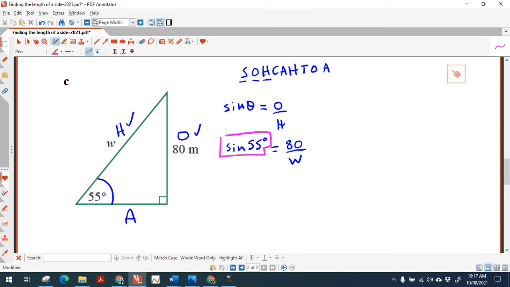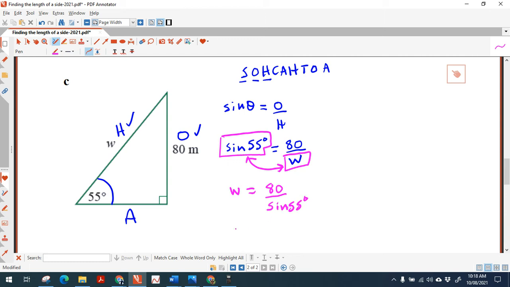I'm going to show you why this shortcut works. Now what you're going to do is swap the entire left-hand side, sine 55 degrees, with the W. So that's going to give you W here, the 80 stays in the same position, and then you've got sine 55 degrees.